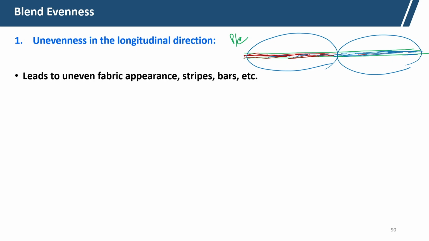Now, after making fabric, if we dye, the appearance will be different. This will produce strips of colored cotton and colored polyester, giving an uneven, patchy appearance of the fabric due to uneven dyeing.